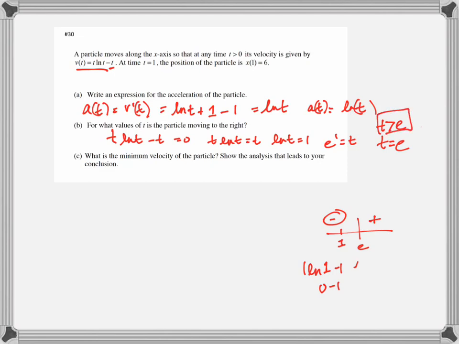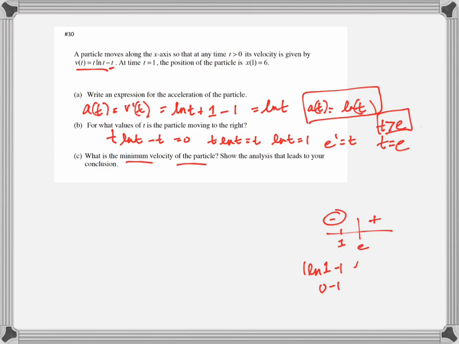Just to double check, there's your first answer. There's your second answer. What's the minimum velocity of the particle? Show the analysis that leads to your conclusion. Okay, minimum velocity, we just take the velocity and set it equal to 0. We already did that.